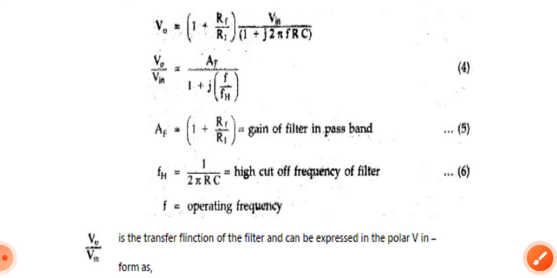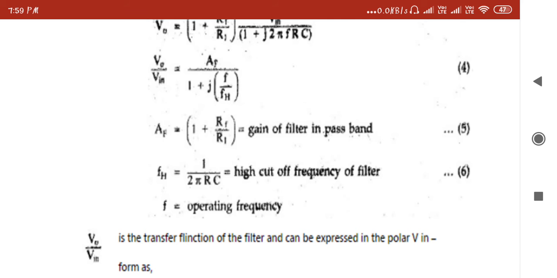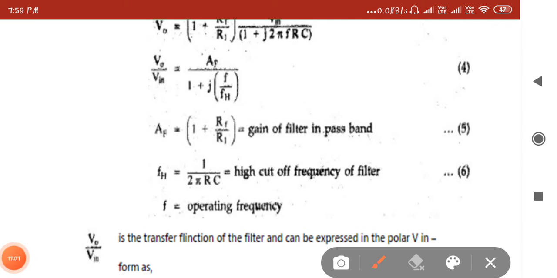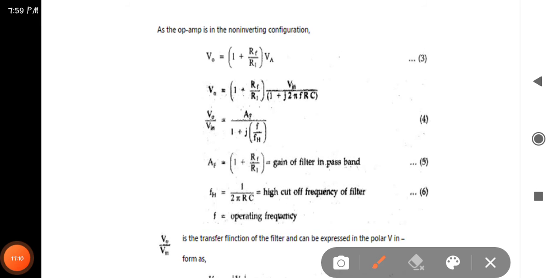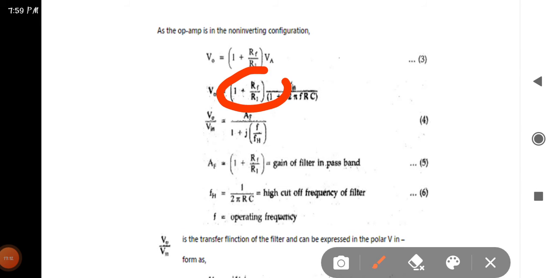AF, this whole term we can take as AF, which is 1 plus RF by R1. So it becomes 1 plus j f divided by fH.